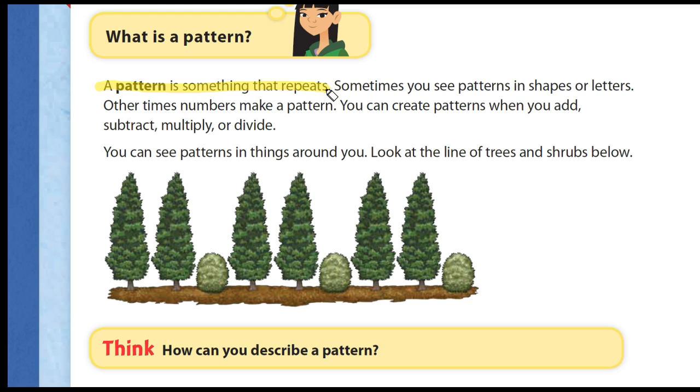Okay, sometimes you see patterns in shapes or letters. Other times numbers make a pattern. You can create patterns when you add, subtract, multiply, or divide. You can see patterns in things around you. Look at this line of trees and shrubs.